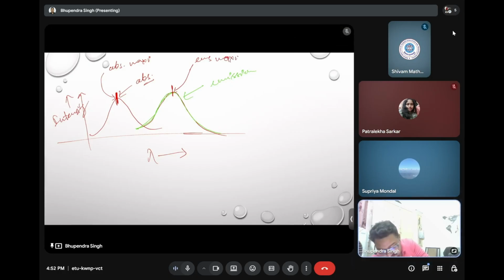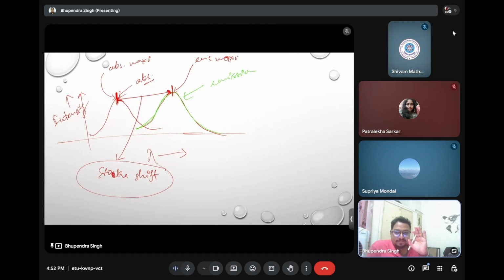The difference between these two is called Stokes shift. This is Stokes shift. So the difference between the maxima is called Stokes shift.